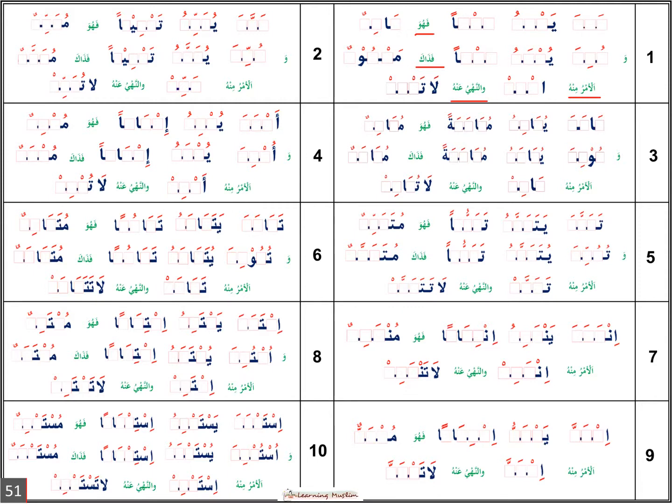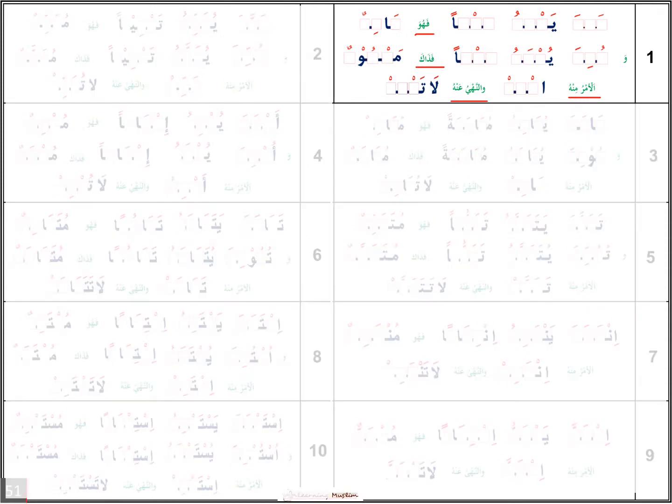So how we would learn these verbs, let's have a look at family 1 because that's what we have done. We would read the family 1 pattern, for example, using the root letters فعل. So we'd say فعل يفعل فعلا فهو فاعل وفعل يفعل فعلا فذاك مفعول الأمر منه افعل والنهي عنه لا تفعل. Another root is ضرب.